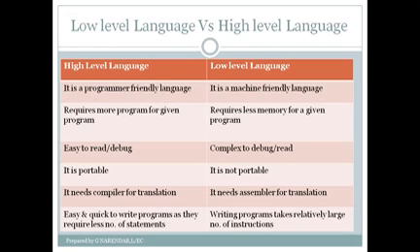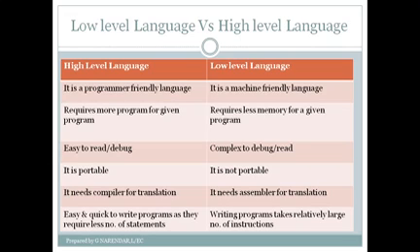So for high level language and low level language, if you want an overall view: writing programs in high level language is programmer friendly, a program written for one machine can also be executed by another machine, and it takes fewer statements.